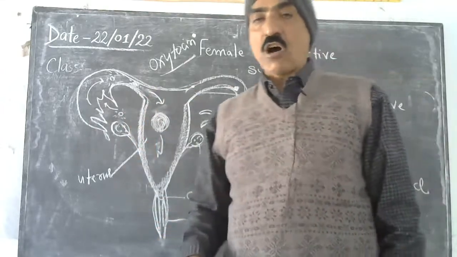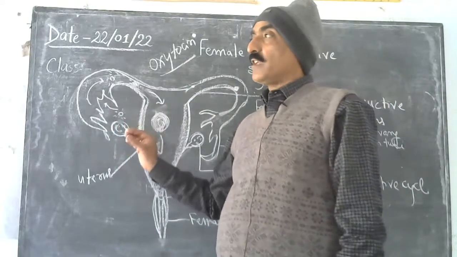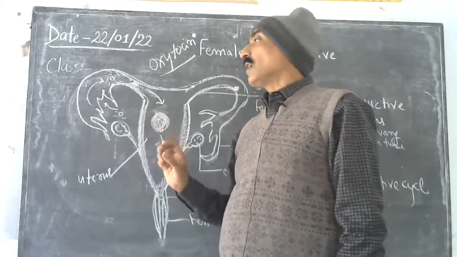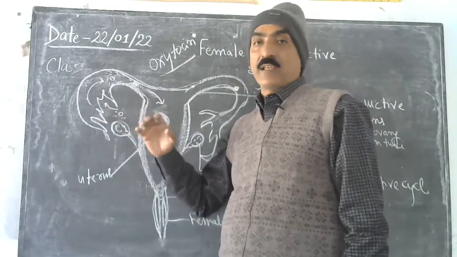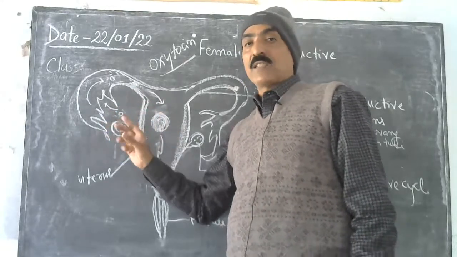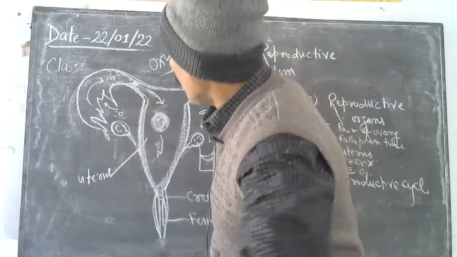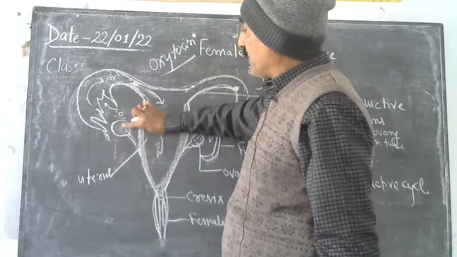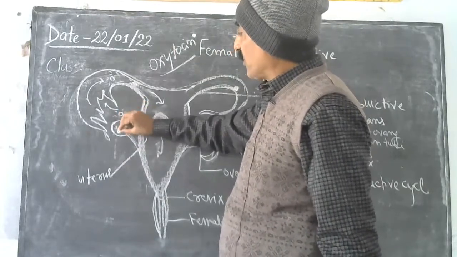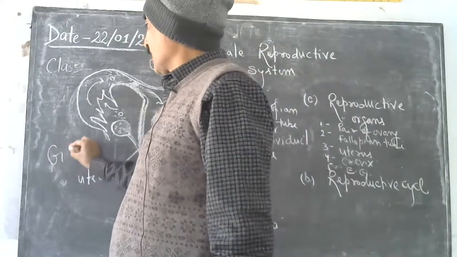Then the third one is called the ovulatory phase. This ovulatory phase occurs between the 13th to 15th day. 13वें से 14वें 15वें दिन में ovulatory phase होता है, where inside the ovary, अब देखो, numerous follicles are found, called GF.